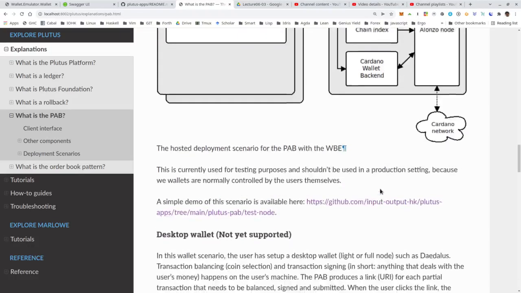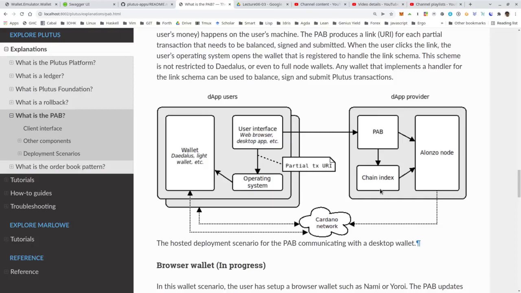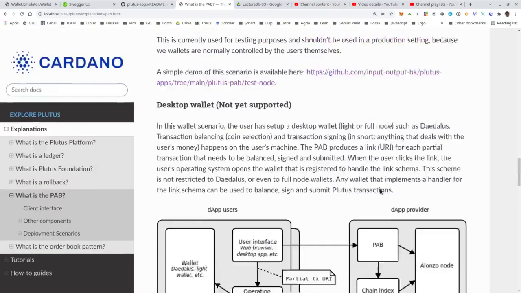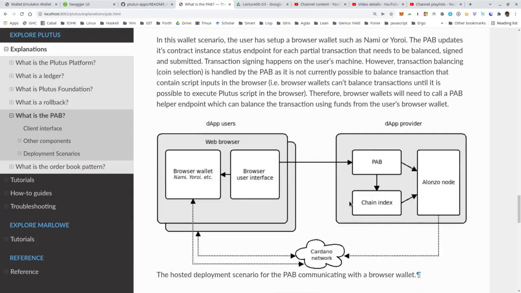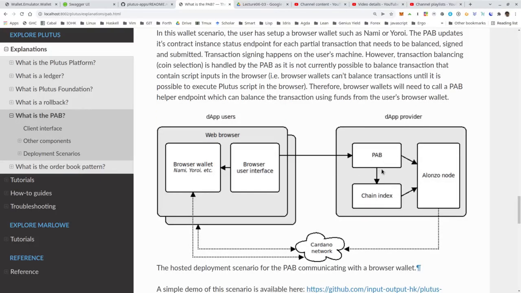So the really interesting scenario that unfortunately isn't supported yet is the so-called browser wallet scenario, where on the server side we only have the PAB, the chain index, and the node, but not the wallet. And then the way it works is the PAB would create transactions, but it has no way to sign them itself because it doesn't have access to a wallet.